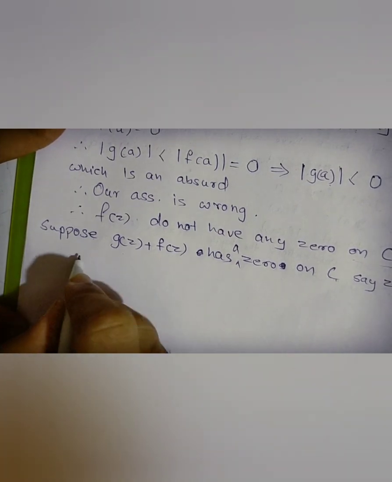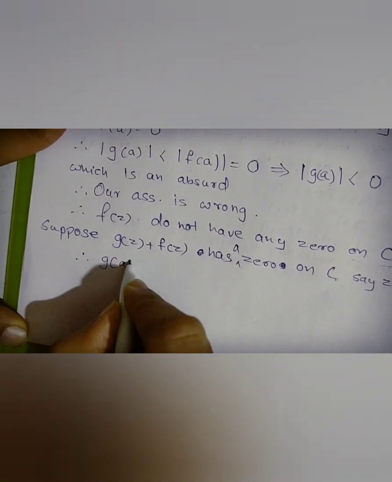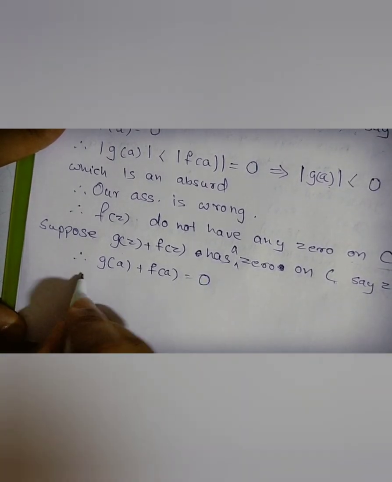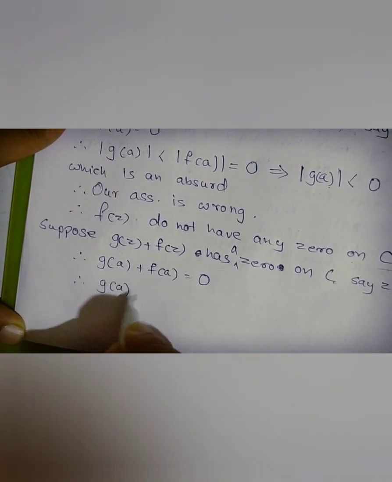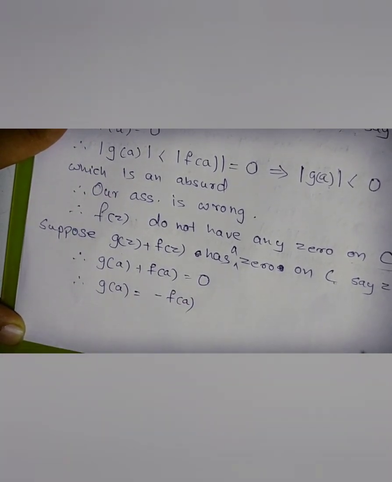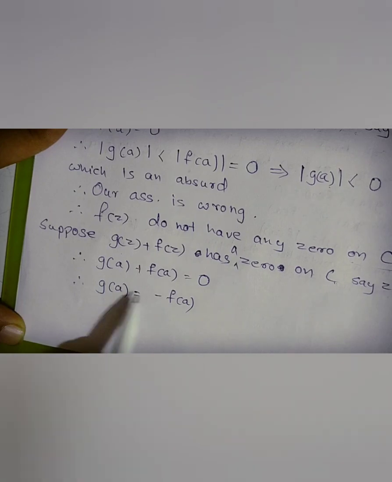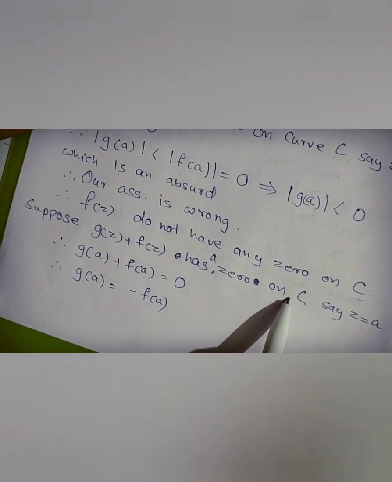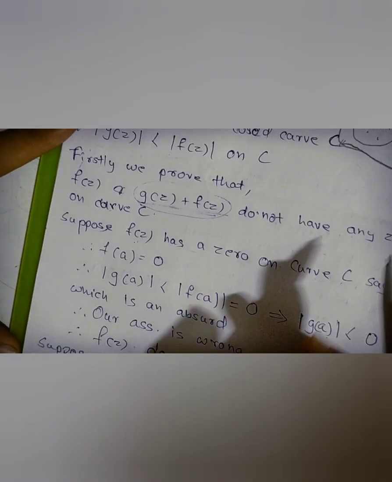Let's see how. That means g of a plus f of a will give me answer 0. So therefore g of a, let me send this f of a over there, this will become minus f of a. Now, because this a is nothing else but a point on this curve, it should satisfy my hypothesis. What's my hypothesis?